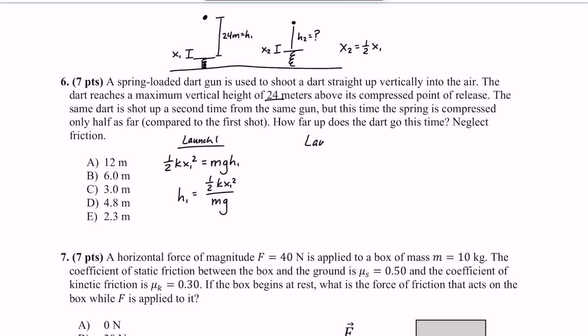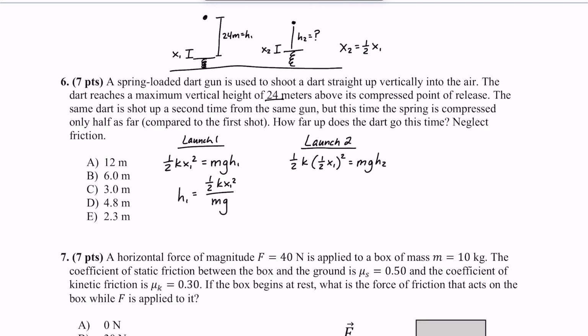Now for launch 2, the setup is the same. The only difference is that for our compression distance, we have 1/2 x1 squared, and that's now equal to mg h2.